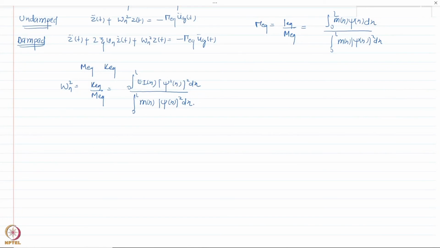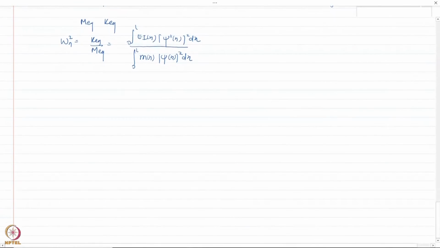Okay, so this is how we reduce a continuous system to a single degree of freedom system. Now the next step is, given this, how do we get the response of the system? Or before going into that, let us first see an example.